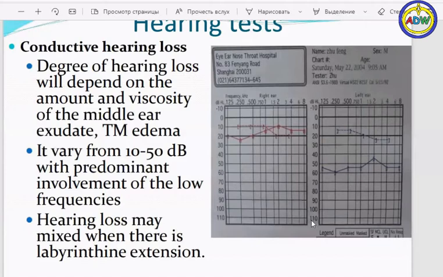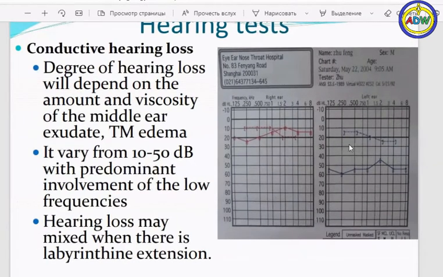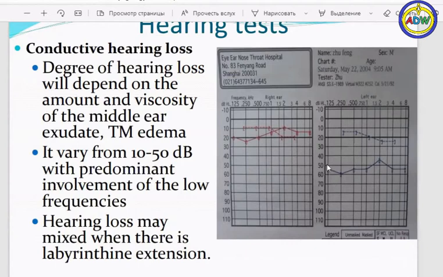Below that is profound hearing loss or total deafness. Here on the left ear, you can see the second stage in acute otitis media.